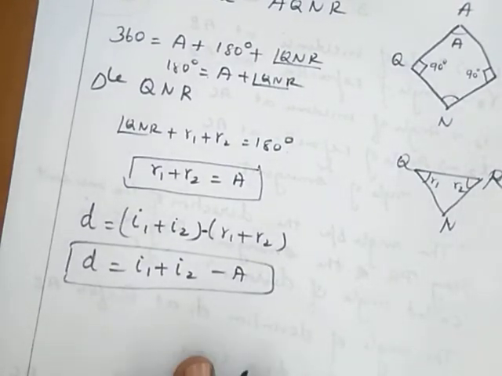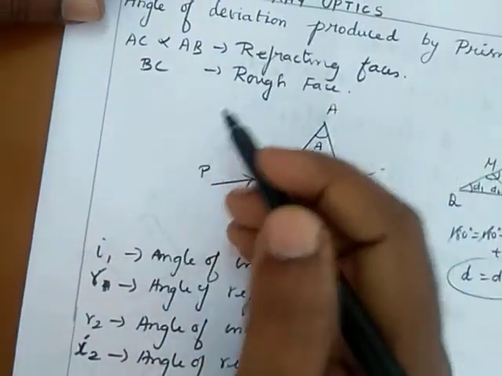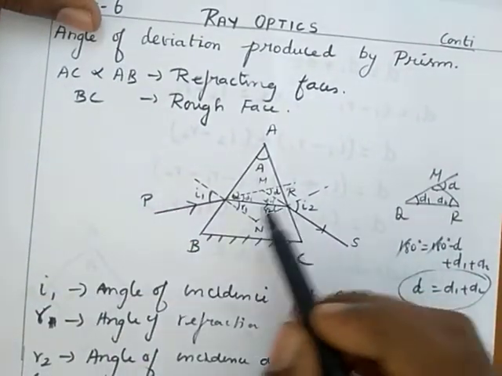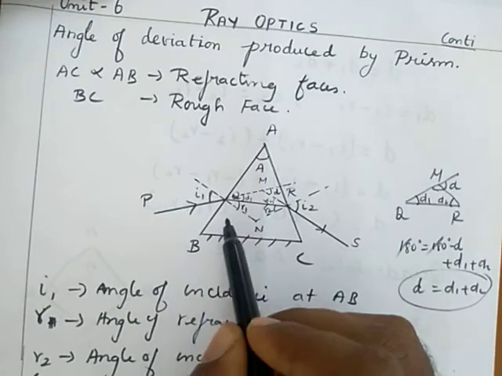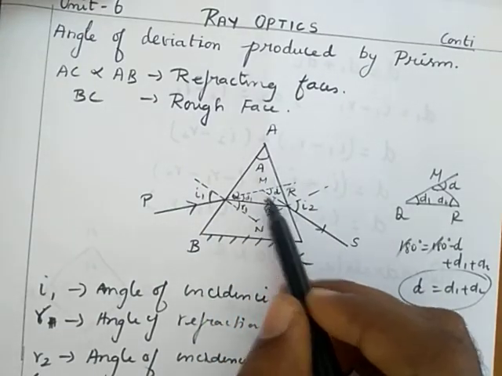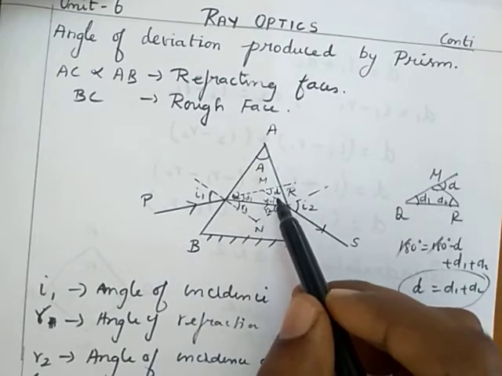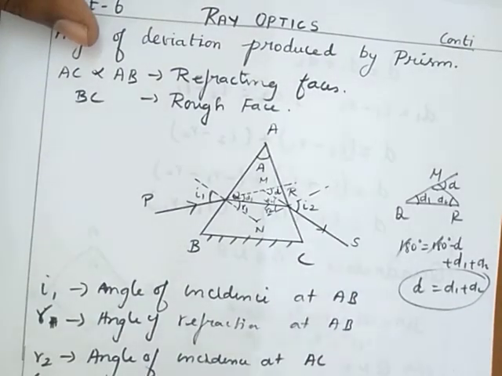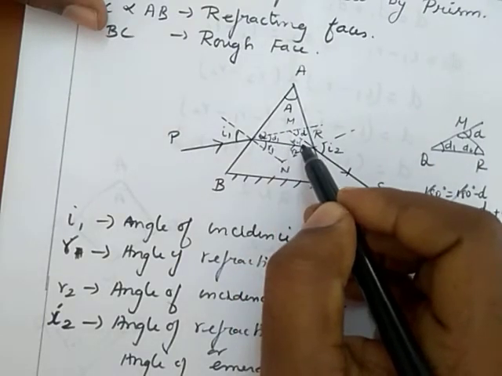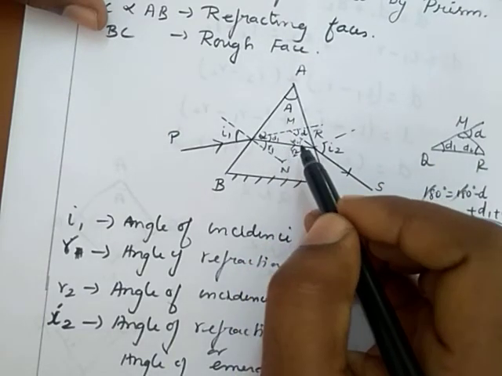The angle of deviation is represented by the symbol small d. The angle of deviation is the angle between the extended incident ray and the emergent ray. Then d is equal to d1 plus d2, so we need to find d1 and d2.